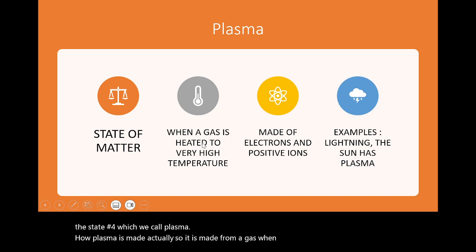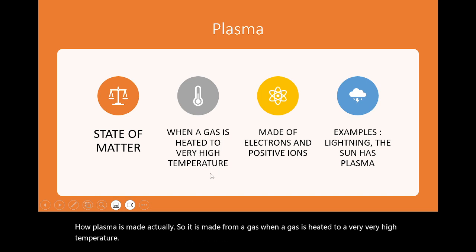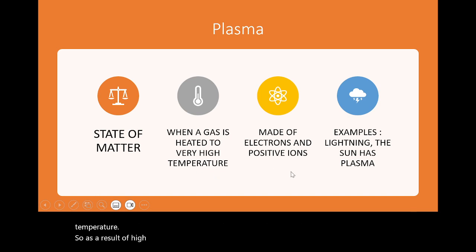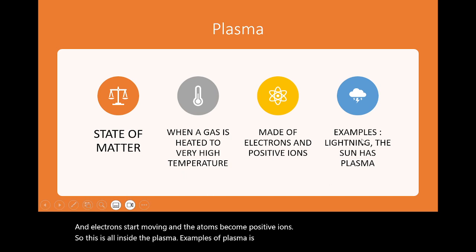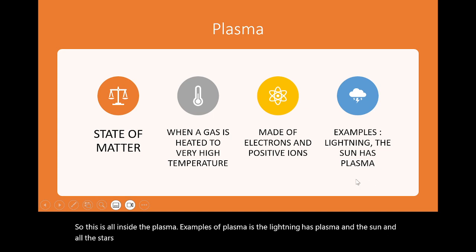When a gas is heated to a very, very high temperature, the electrons come out of the atoms and start moving, and the atoms become positive ions. This is all inside the plasma. Examples of plasma are lightning, and the sun and all the stars.